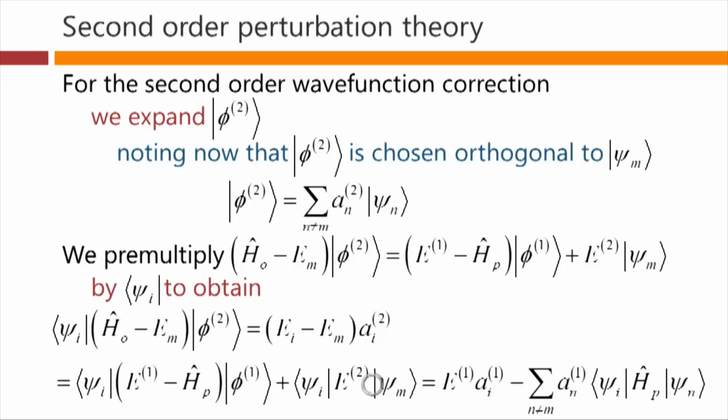And that means that this term always vanishes by choice, because we're never dealing with <psi m|psi m>. It's back to this original choice that phi 2 is going to be orthogonal to psi m, and similarly phi 1 is orthogonal to psi m. So we're never going to ask for the coefficient where we chose to pre-multiply by psi m. So therefore, this term vanishes since that's just a number. So we're left with just these two terms.